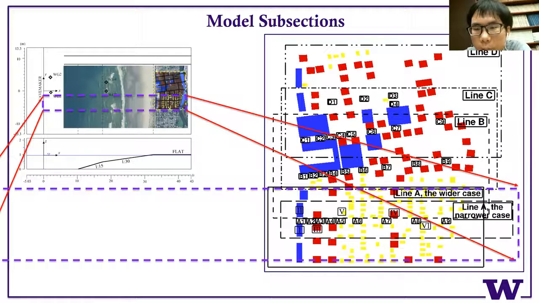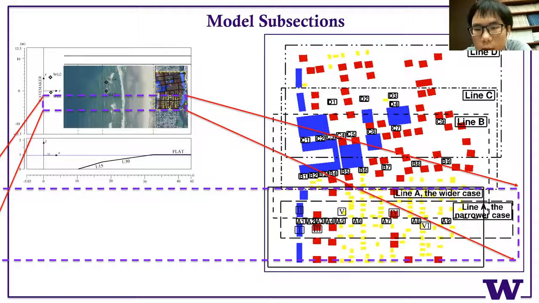So those are the places where we would like our numerical model to be able to predict the same flow parameters. Now let's say we would like to predict flow parameters at A1 to A9. We carefully chose a subsection of the rectangular region, and here I denoted it by the blue dashed line.